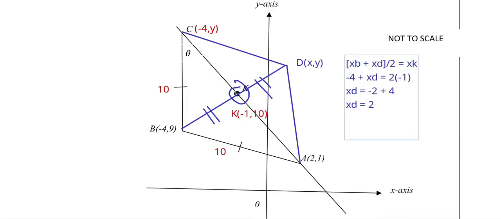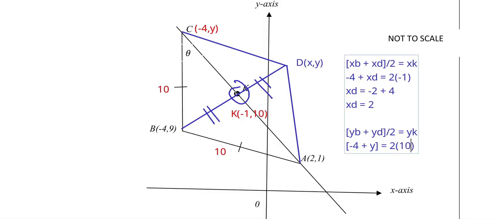Now let's calculate the Y value at D. Y at B plus Y at D, over 2, will give you Y at K. Now Y at B is -4, plus Y at D, that's Y. Then multiply by 2 on both sides to get 2 Y at K. What is Y at K?